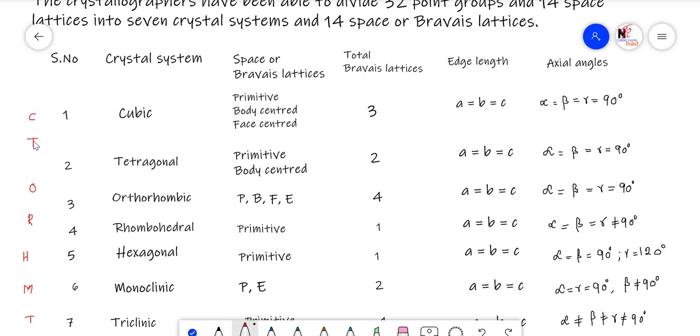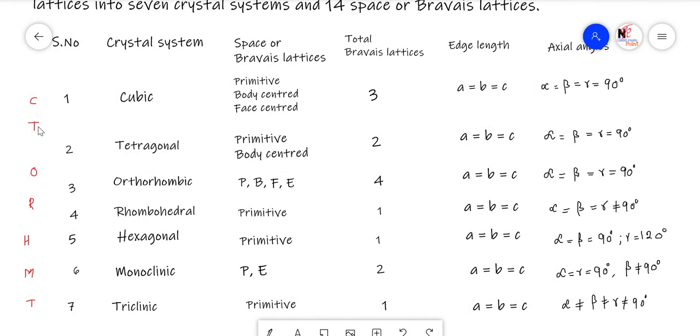C stands for cubic, T for tetragonal, O for orthorhombic, R for rhombohedral, H for hexagonal, M for monoclinic, T for triclinic. If you are confused by the two T letters, you can neglect triclinic, because triclinic is a completely unsymmetrical system which is very easy to remember. So you can remember it as CT or HM. If you do not get confused, you can remember it as CT or HMT.